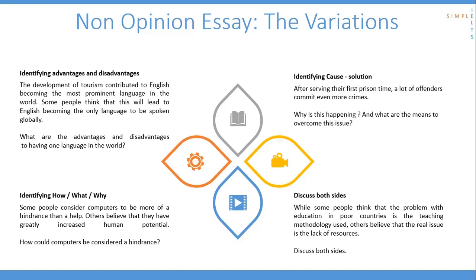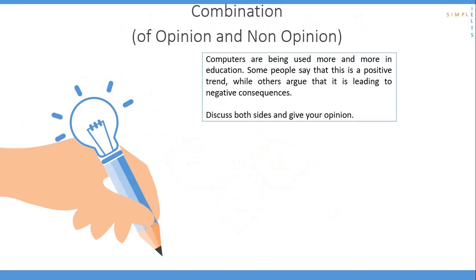In the second paragraph, you can explain why some people think that the problem with education in poor countries is the teaching methodology used, and then in the third paragraph, you explain the lack of resources as the real issue. Okay, so that's for the non-opinion essay, and then the last type is the combination of opinion and non-opinion.